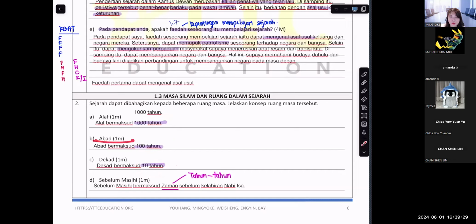Otherwise, you have to write abad bermaksud 100 tahun. Decade bermaksud 10 tahun. Sebelum Masehi bermaksud zaman atau tahun-tahun sebelum kelahiran Nabi Isa. Like that, no? You understand, no? Any question until here?